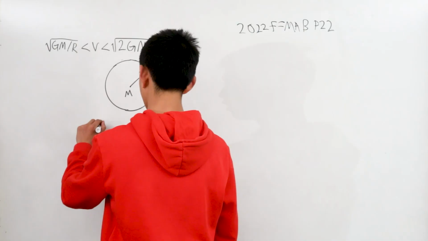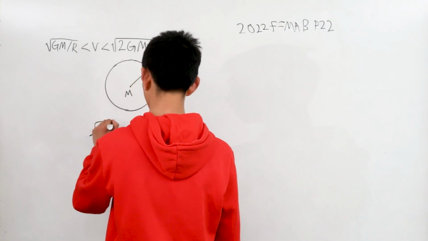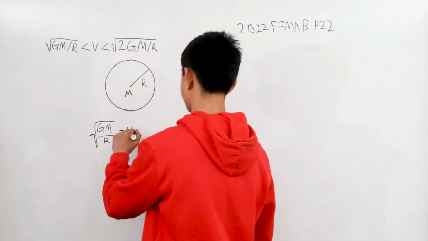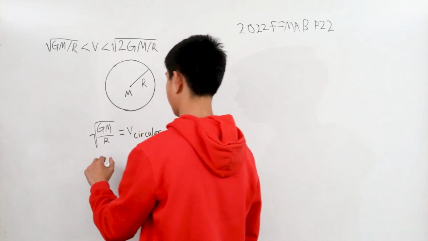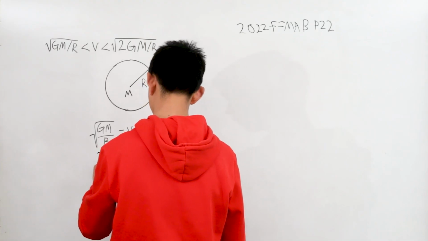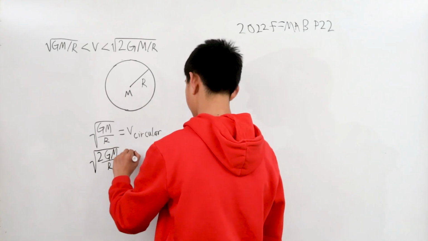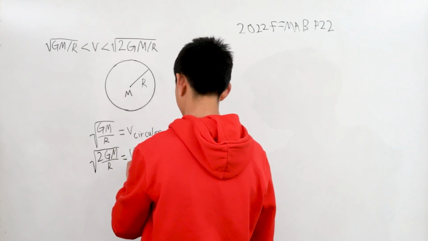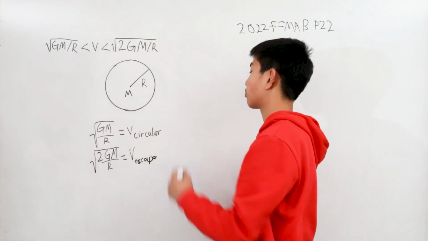The square root of GM over r is the velocity needed for an object to stay in a circular orbit. And the square root of 2GM over r is the velocity needed to escape the orbit. So, in this case, escape the orbit of this planet.